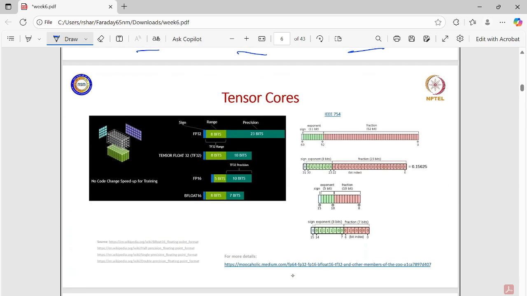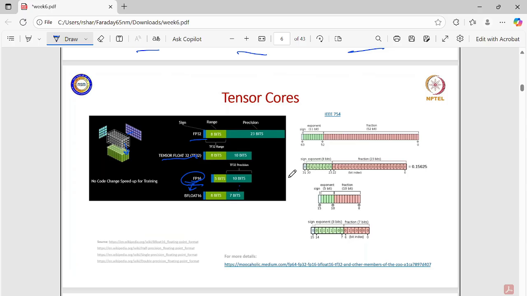Then the tensor core: we have multiplication, then giving the output in FP32, tensor float 32. The issue we had with FP16 was overcome in bfloat16 by modifying the number of bits given for the precision range.